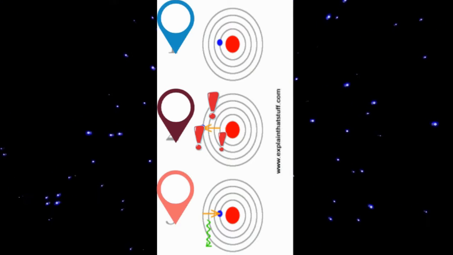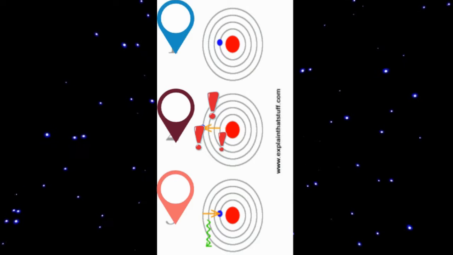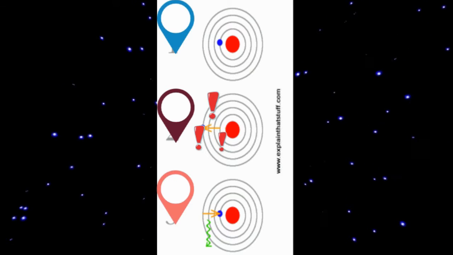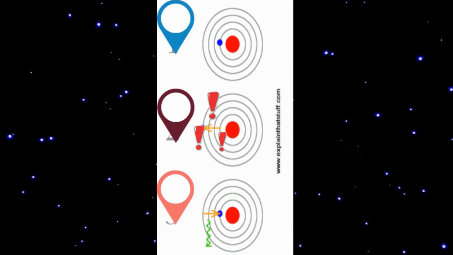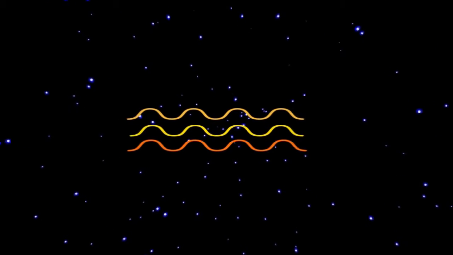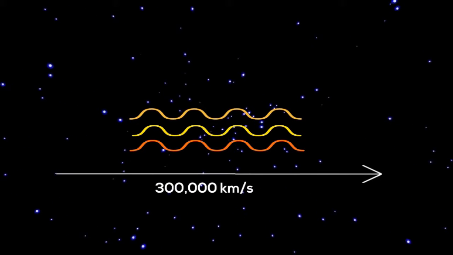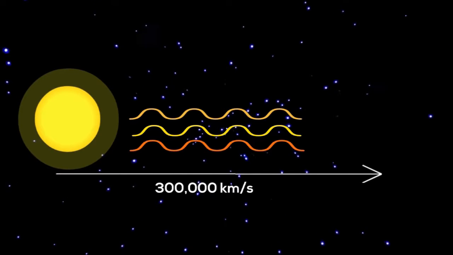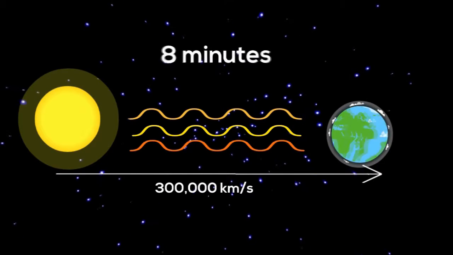In doing so, the electrons get excited. However, these atoms are unstable and try to get back into the nucleus. A little fact, these waves travel a distance of 300,000 kilometers per second from the sun to the earth in just 8 minutes. Now that we know what light is, we will explain about suns and stars.